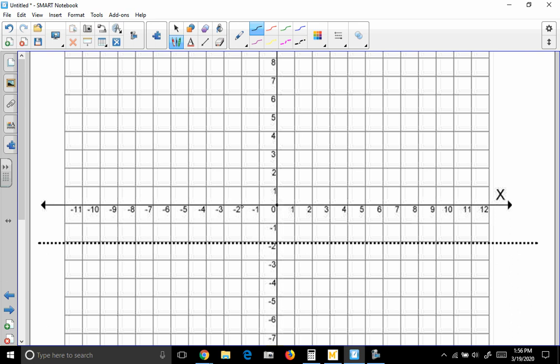Oops, I changed our pen. Negative 1, 1. 0, negative 1. 1, negative 1.7. 2, negative 1.9. So in this case, our graph is going down from left to right instead of up from left to right. But it still has that same generic shape, that exponential shape.